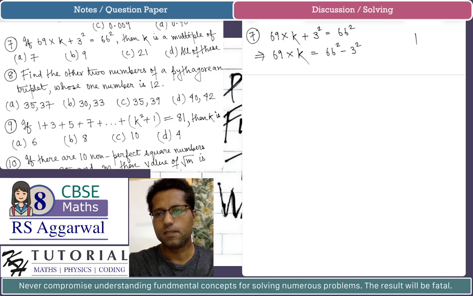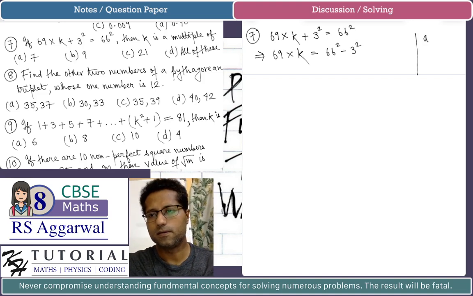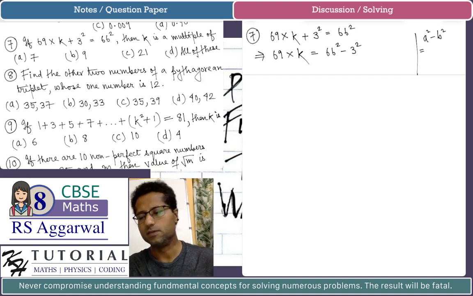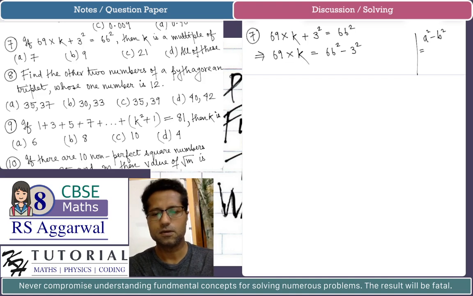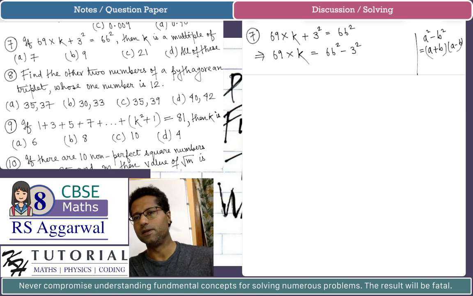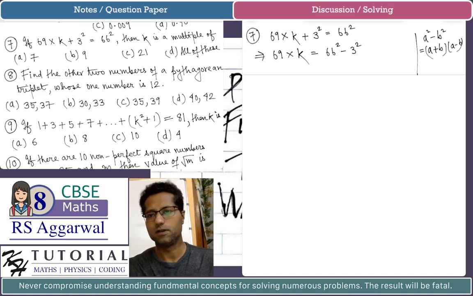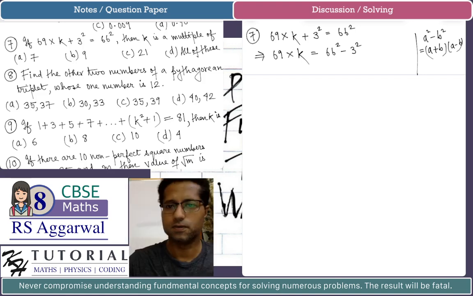I know the formula a square minus b square. In the chapter of squares and square roots, this formula is widely used. A square minus b square is a plus b multiplied by a minus b. That is, you are creating factors for the expression a square minus b square.